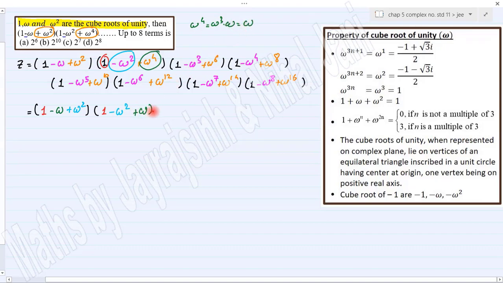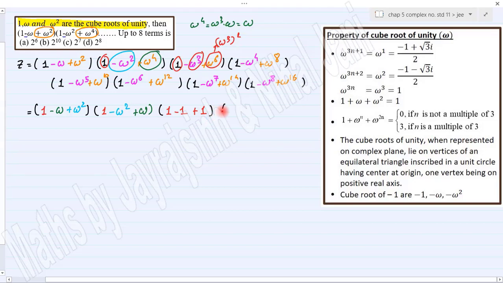So let's write down plus omega. Similarly, in the third term, your 1 will be as it is, and we know that omega cube is equal to 1. So here we'll get minus 1. And omega raised to 6 is nothing but the square of omega cube. So it will also be 1.